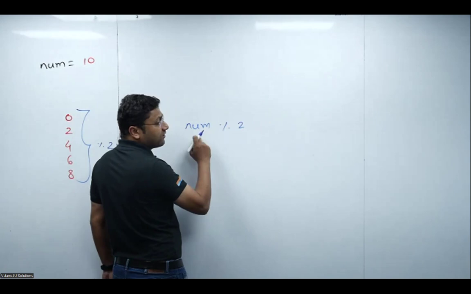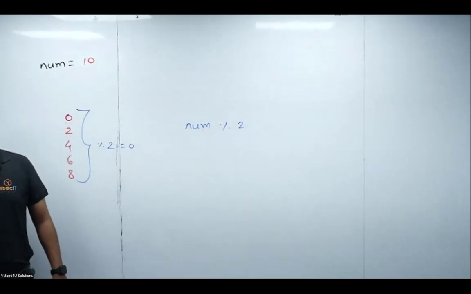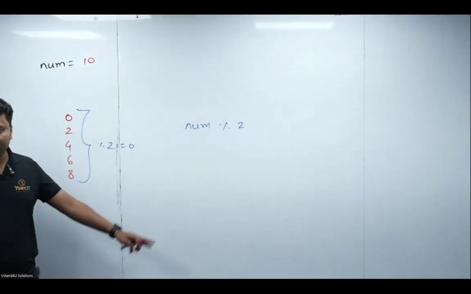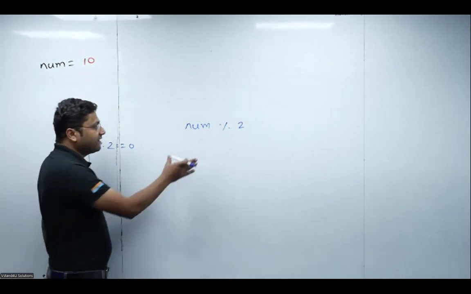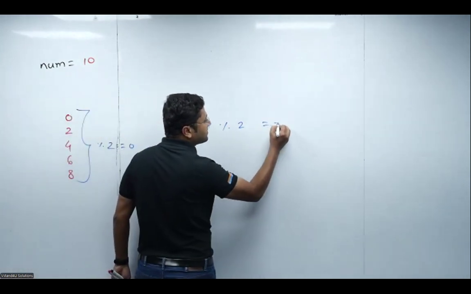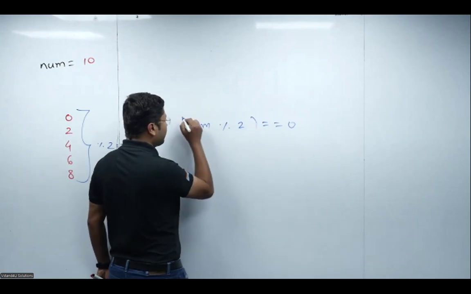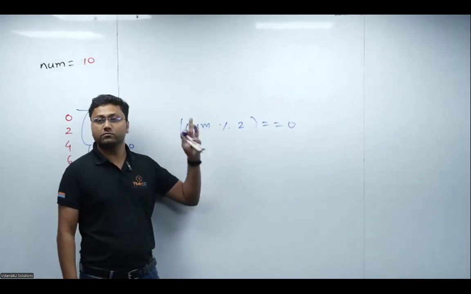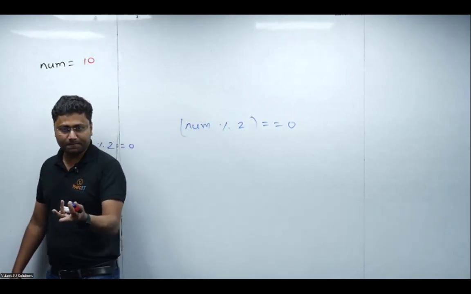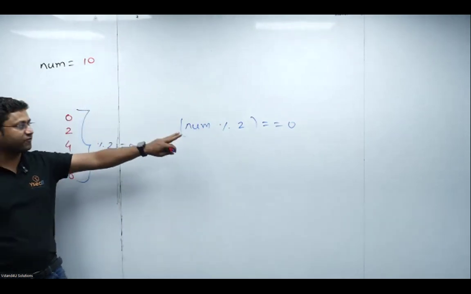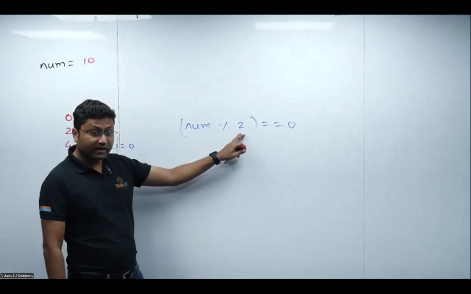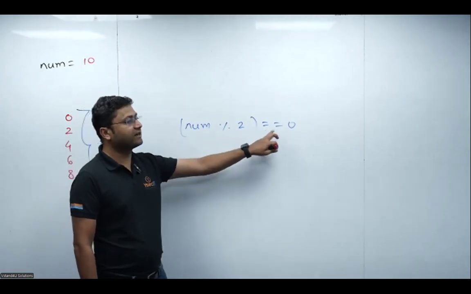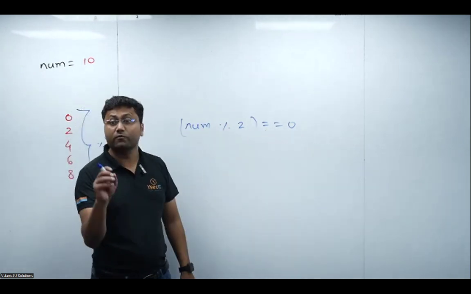If modulo division happens, the return value is a remainder. If that remainder is zero, that means the number is fully divisible by 2. Fully divisible means modulus of 2 returns 0.